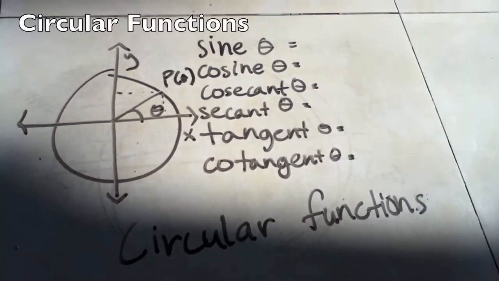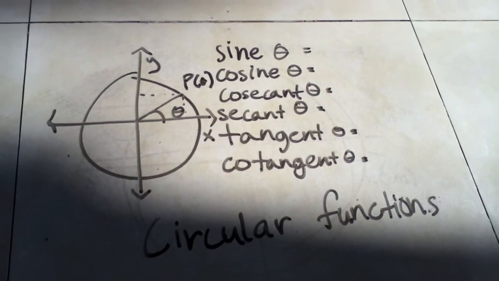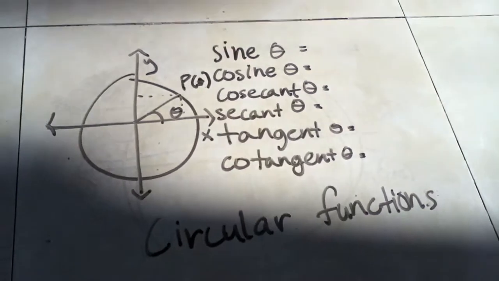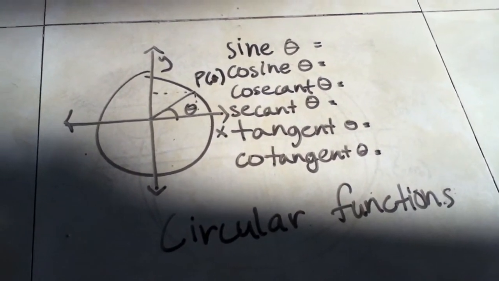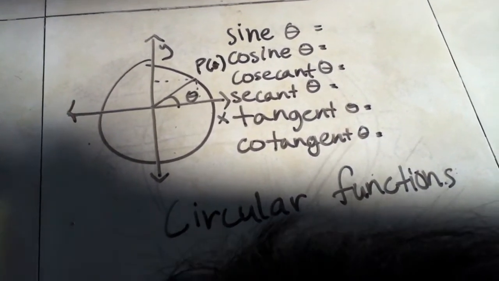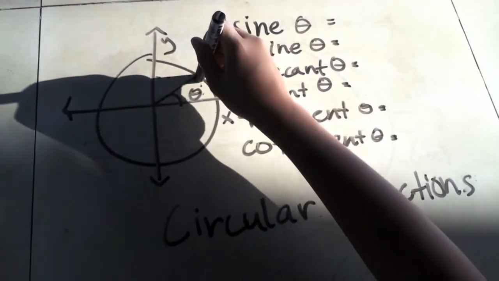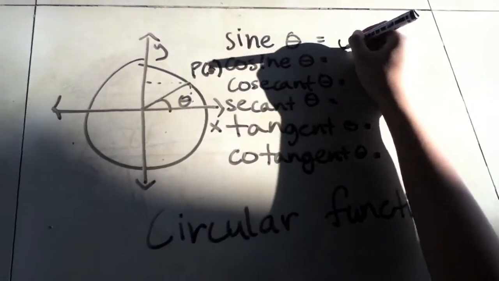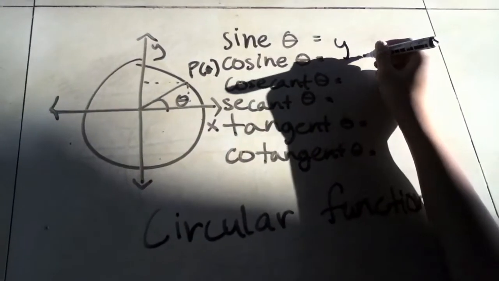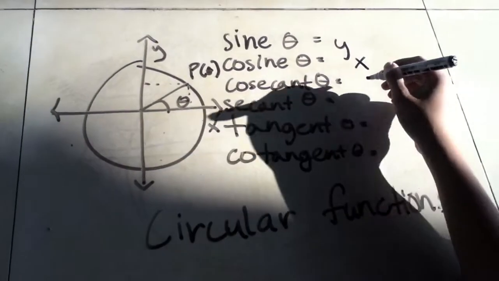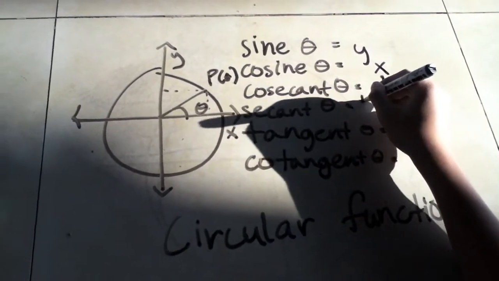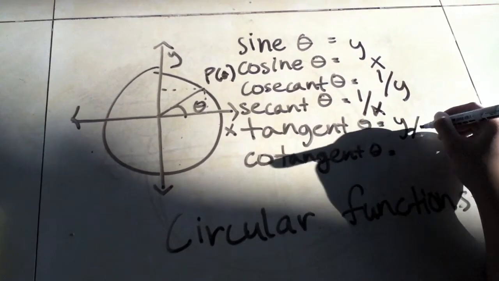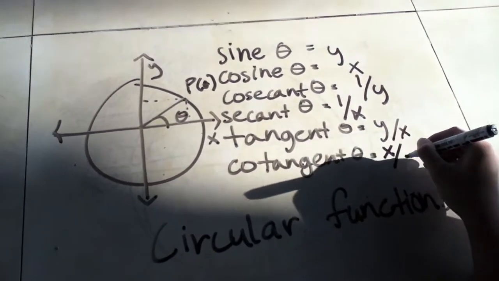Circular functions are trigonometric functions represented in terms of the coordinates of a point on the circle. The definition of circular functions states that if theta is a real number and P of theta is the point on the unit circle that corresponds to theta, then sine theta equals y, cosine theta equals x, cosecant theta is equal to 1 over y, secant theta is equal to 1 over x, tangent theta is equal to y over x, cotangent theta is equal to x over y.